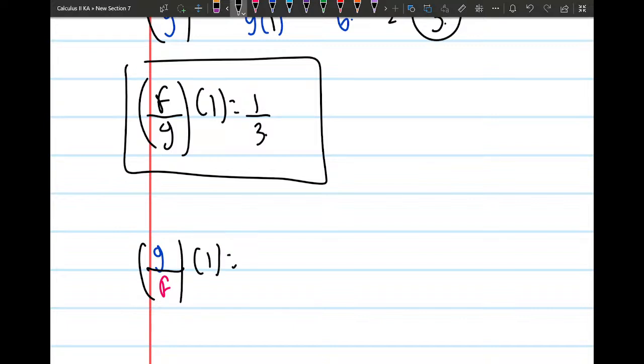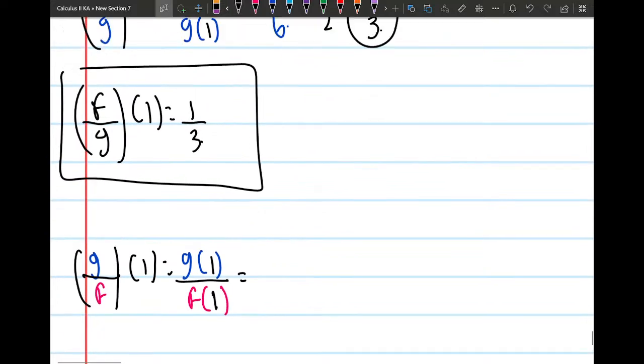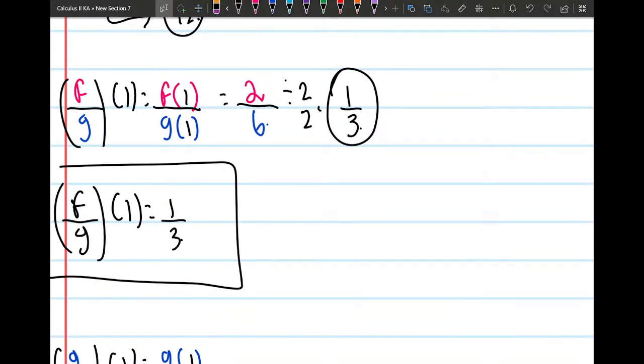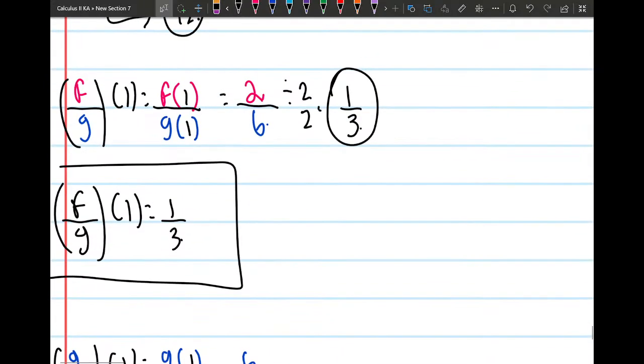Again, this is going to be g of 1 over f of 1. g of 1 was 6, and f of 1 was 2.